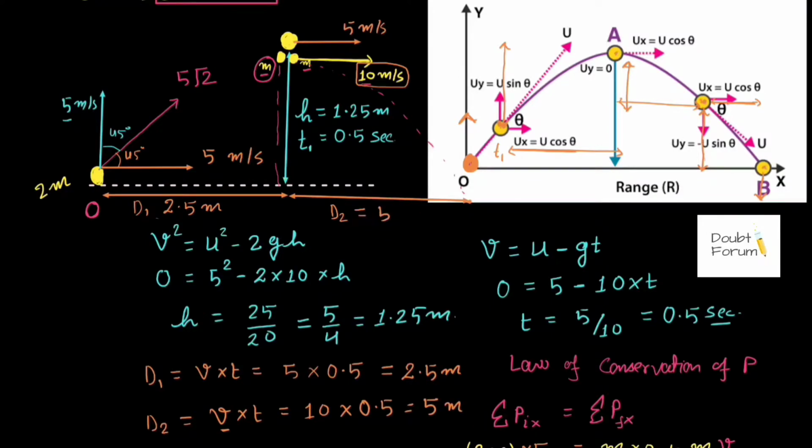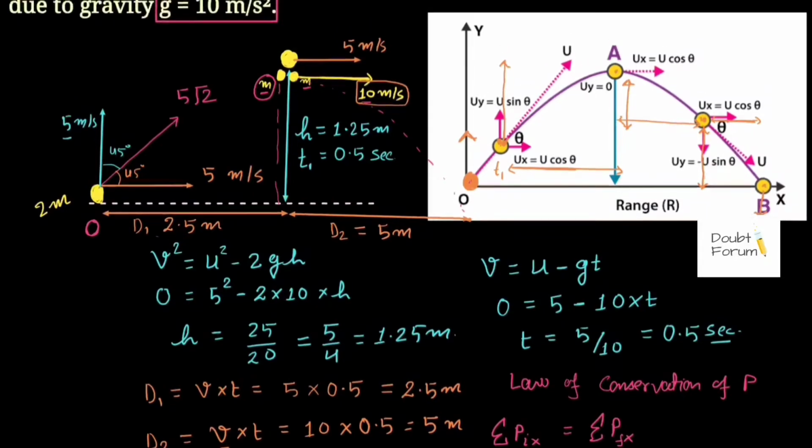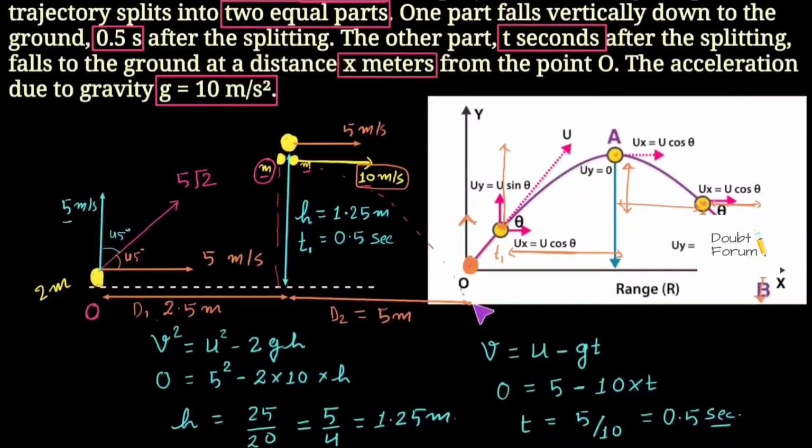So d2 would be 5 meters. From here we can find the total distance from O to this point, which would be 5 plus 2.5, that is 7.5. So the value of x, which we are asked to find, would be 7.5 meters.